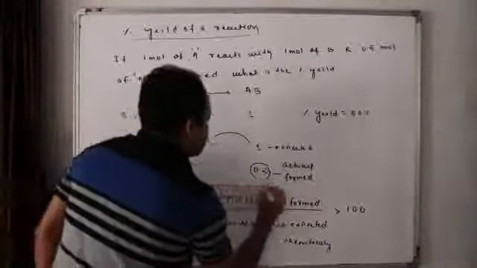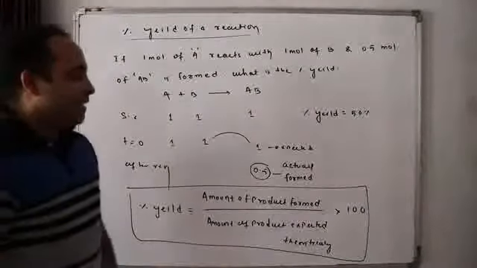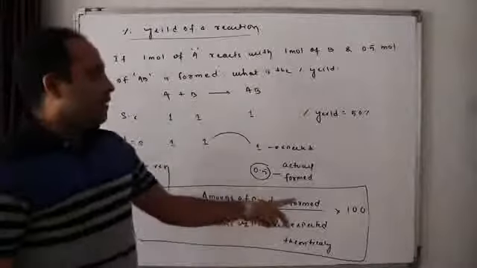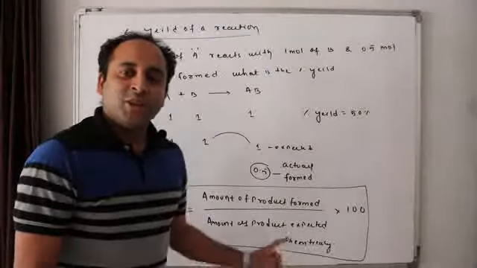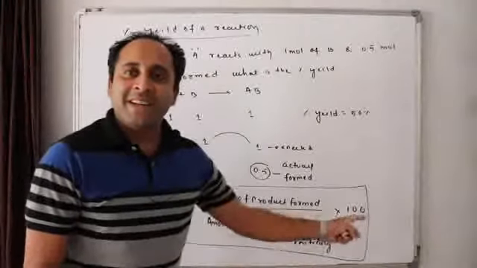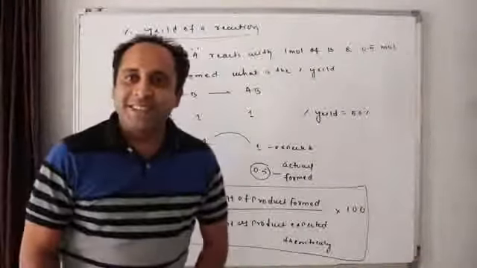This is the percentage yield. Amount of product formed हुआ कितना? 0.5. Expected कितना? 1. 0.5 by 1 into 100, it comes how much? 50% in this case. You understand the percentage yield?